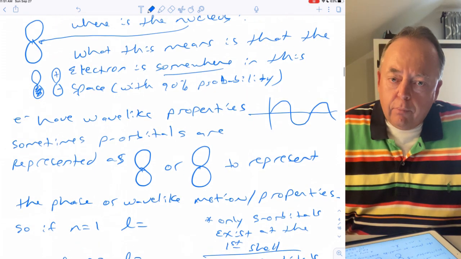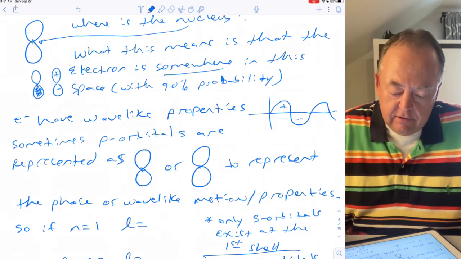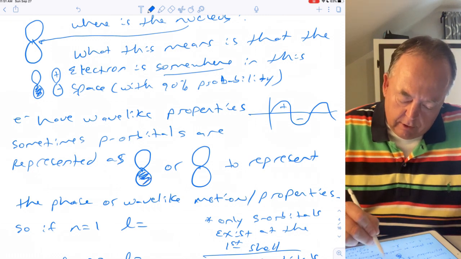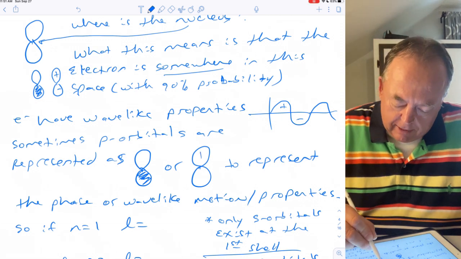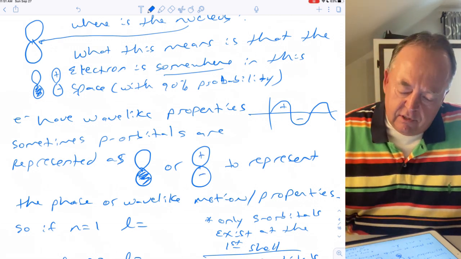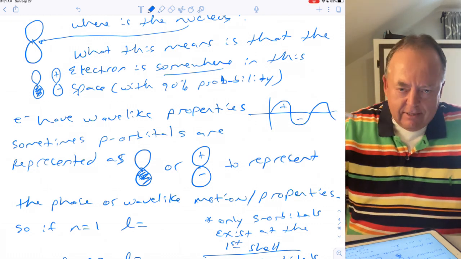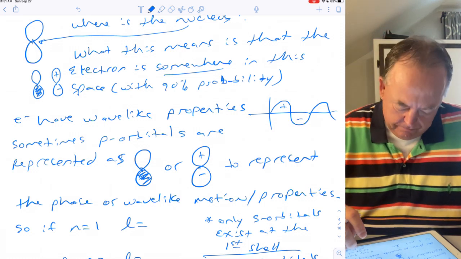Electrons have wave-like properties. For a wave, you have a positive and a negative phase. So to represent that, p orbitals are either represented with a shaded and unshaded lobe, or a positive and a negative lobe, trying to represent the wave-like properties of electrons. But again, it doesn't mean the electron is tracing a path. It just means the electron is somewhere in that space.